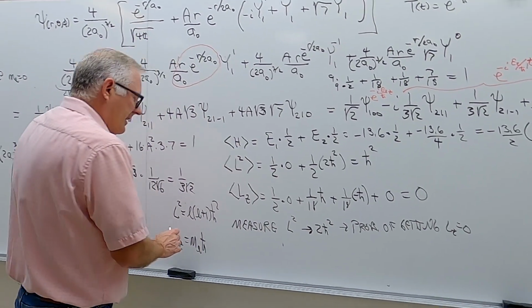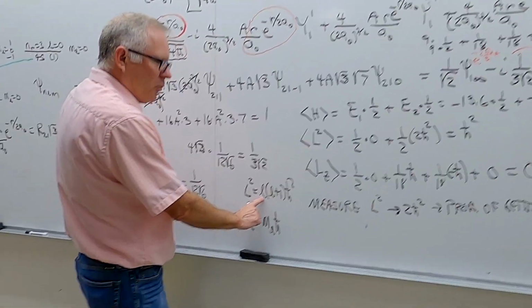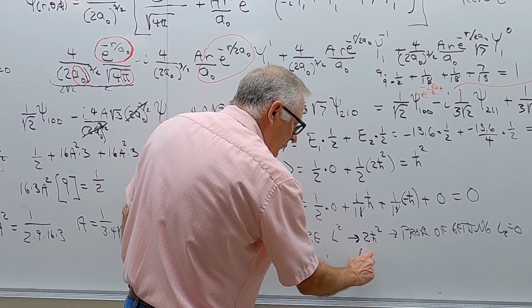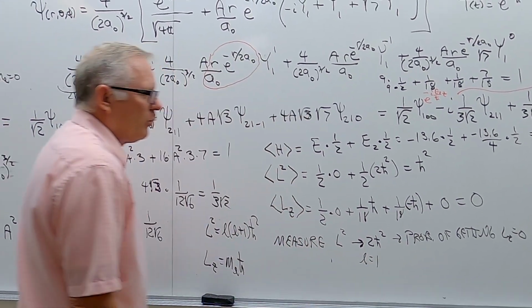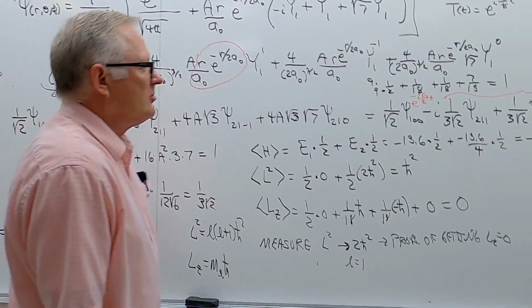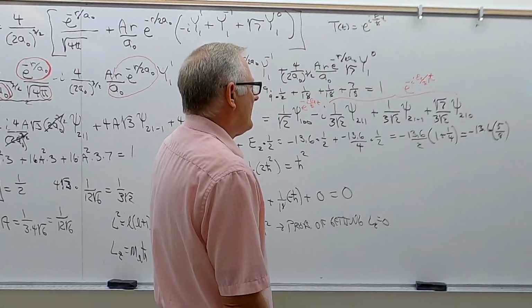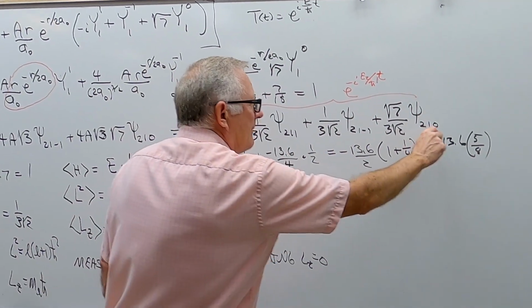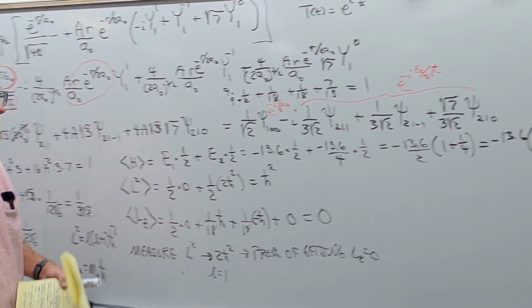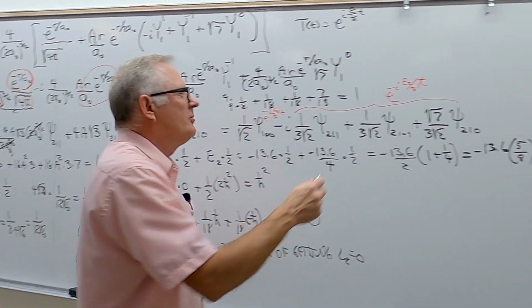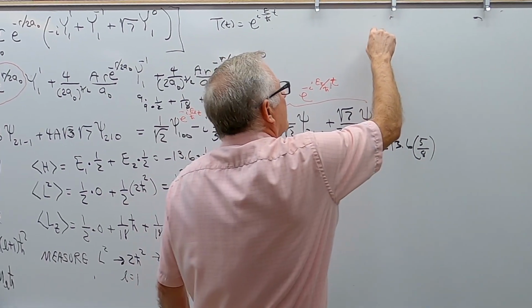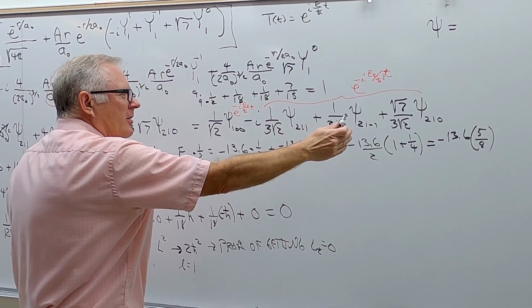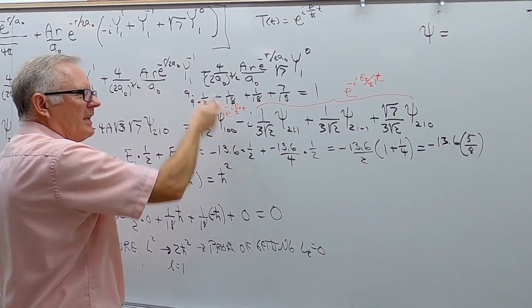That means that L must have been 1. So by measuring that, we're collapsing it to the L equals 1 state. That means this term is getting removed, and we're just collapsing it to these three right here. So my new psi is now just these three terms, because the L equals 0 case got bumped out.